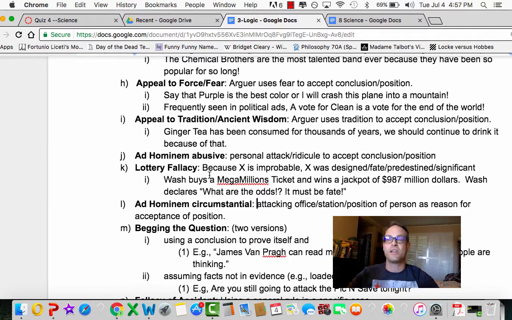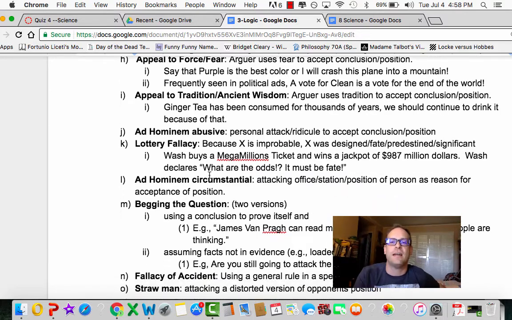And the singer points out, no, 1, 2, 3, 4, 5, 6 is just as probable as any other combination of 6 numbers. Very often people make this confusion. Just because something is very improbable, we can't work backwards from the probability to say that it must have been designed or it must have been fate. It just doesn't work, so be careful with that.